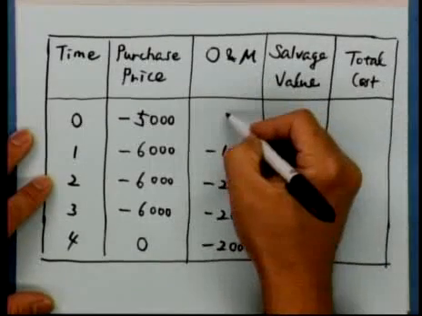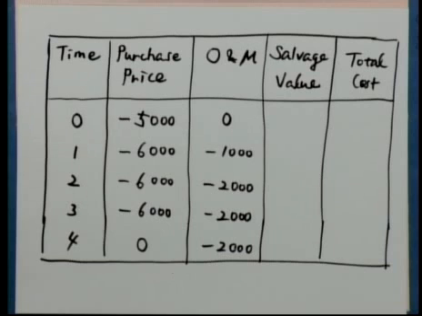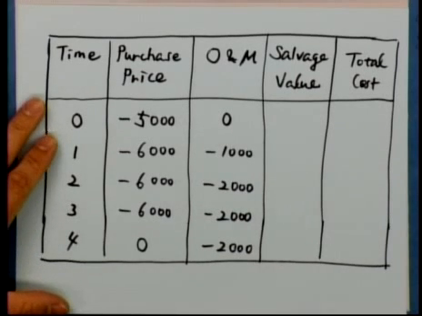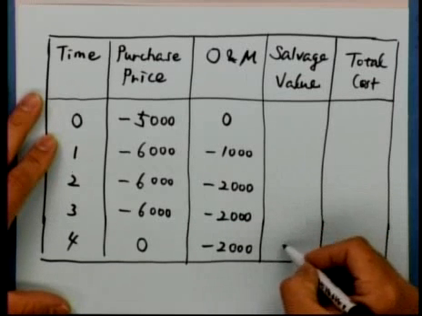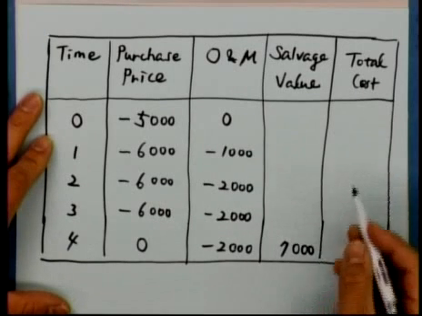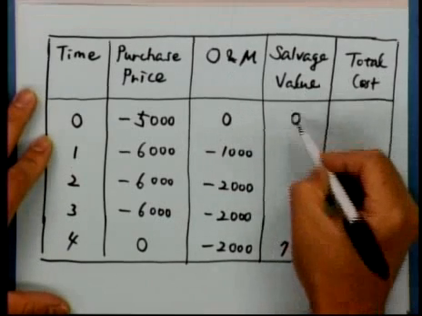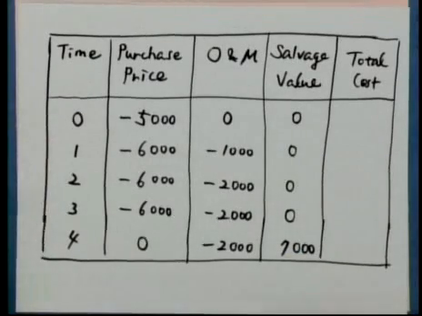But there is no maintenance cost right now. And also, he's going to sell the car at the end of the 4th year for how much? For $7,000. So you put 7,000 here and all zeros otherwise.